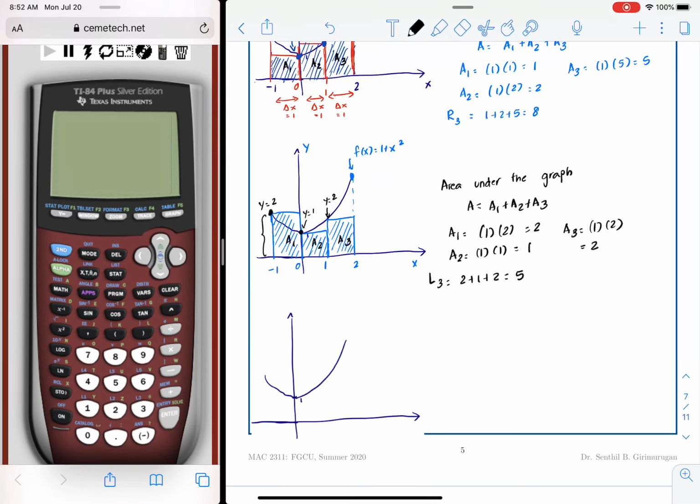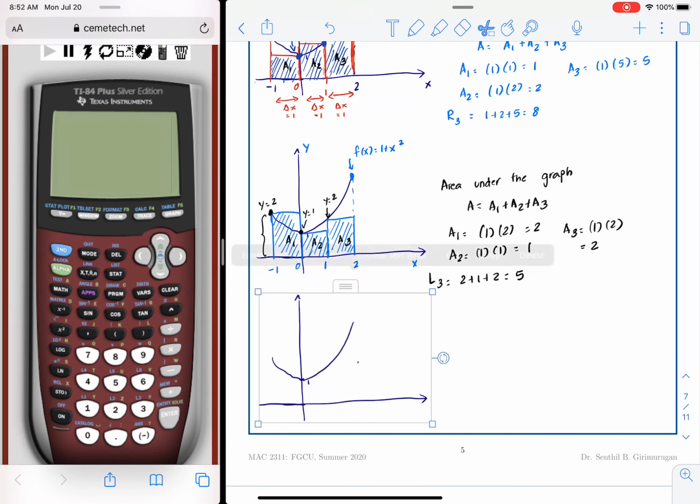So again, we have the function x, y, and f of x is equal to 1 plus x squared.